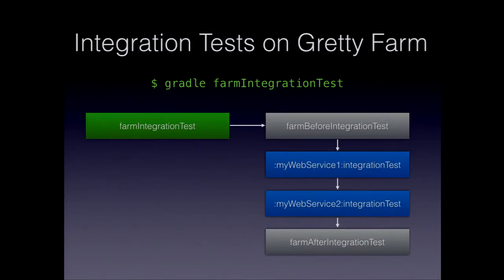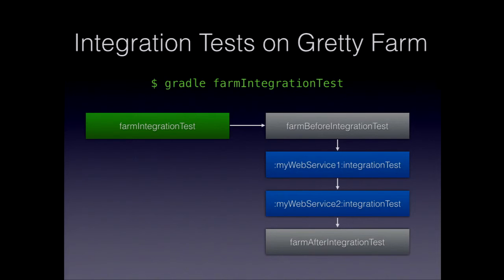Integration tests on Gretty Farms. Here it gets a little bit different from integration testing on a single web application. First, the similarity: as in the single web application case, you have to implement your integration tests in the web services. The distinction is the following. You should never run this from the command line. Instead, you run this special task, farm integration test.